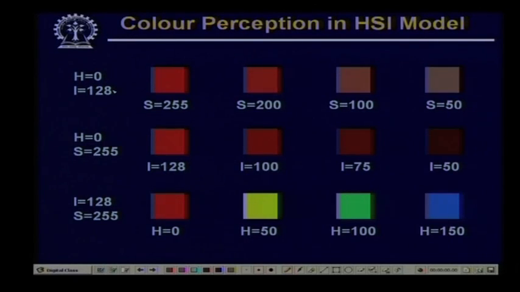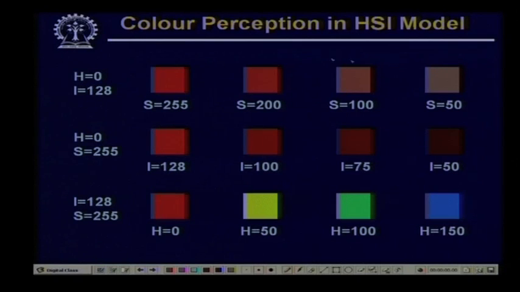As we said, our hue is measured from the red axis, so hue equal to 0 indicates that it is red color. The saturation equal to 255 is the maximum, which means it is the pure red color, and intensity here is 128.